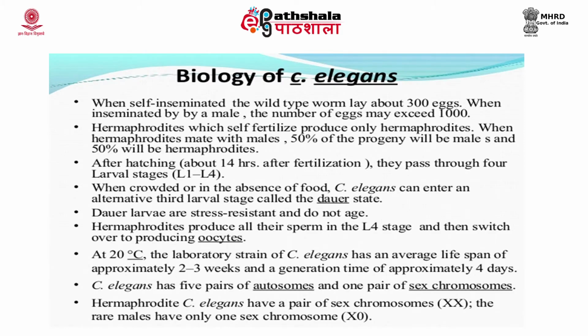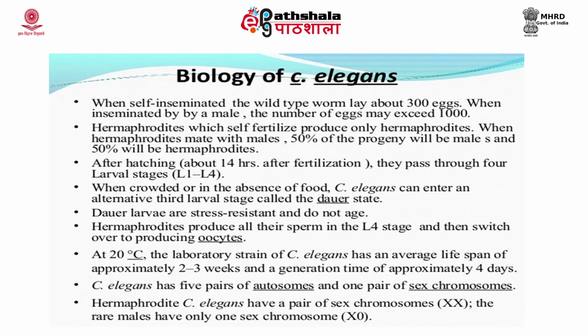At 20 degrees Celsius, the average lifespan is approximately 2 to 3 weeks with a generation time of approximately 4 days. After hatching, which is almost 14 hours after fertilization, they pass through 4 larval stages labeled as L1 to L4.